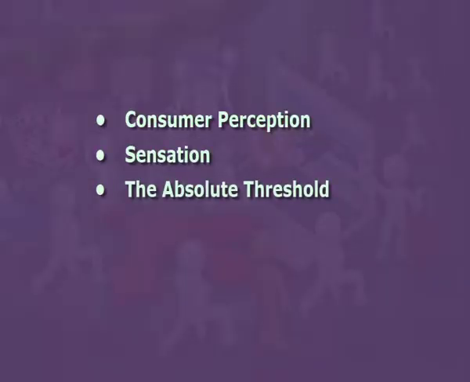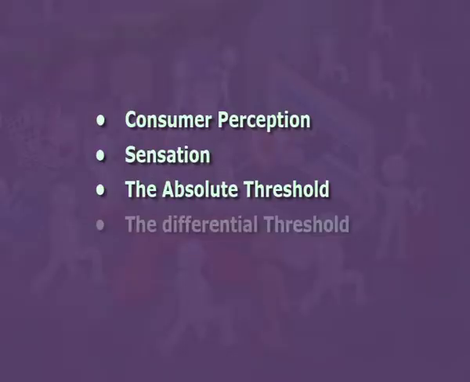Secondly, sensation, which is the immediate and direct response of the sensory organs to stimuli. Thirdly, the absolute threshold, which is the lowest level at which an individual can experience a sensation. Fourthly, the differential threshold, which is the minimal difference that can be detected between two similar stimuli.